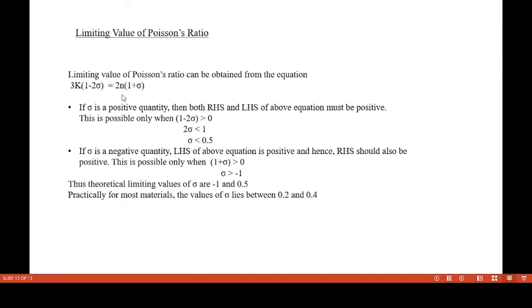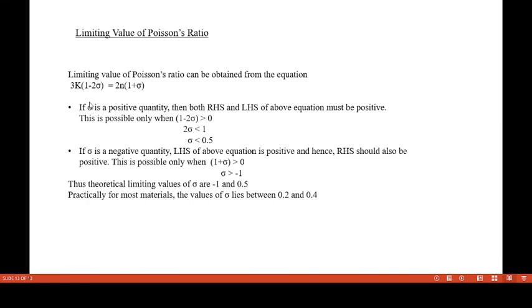If this term is positive, the LHS should also be positive because LHS equals RHS here. So to make this term positive, the only possible way is to make 1 minus 2 sigma positive. So 1 minus 2 sigma greater than 0 means 2 sigma less than 1, or sigma less than 0.5. So the upper limit of sigma is 0.5.